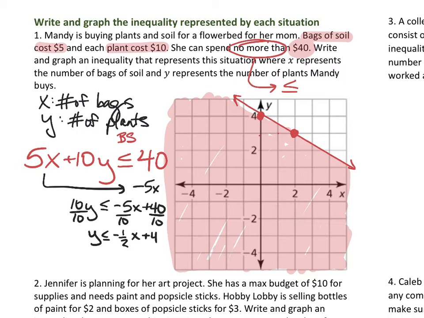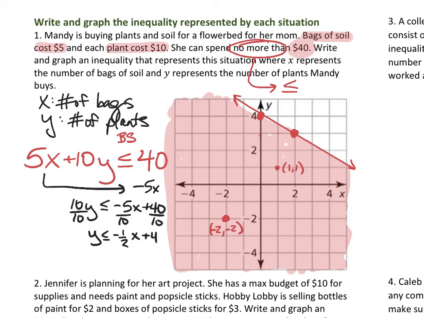Now, some things I want us to notice about this answer is that some of them don't make sense. Okay? Here's one that makes sense. This is the coordinate 1, 1, which means Mandy could buy 1 bag of soil and 1 plant. But if I were to plot this point right here, this is the point -2, -2.